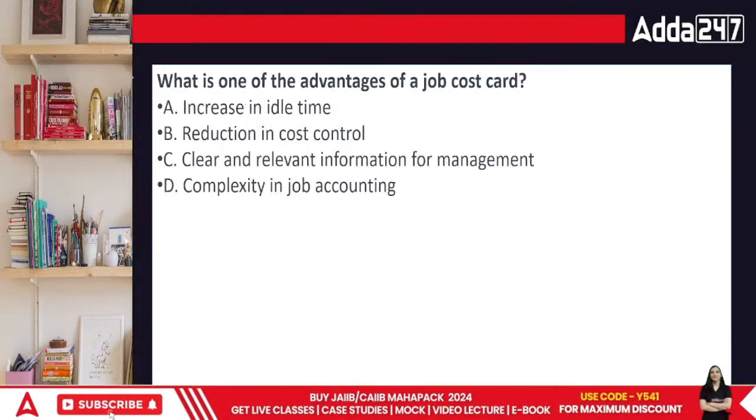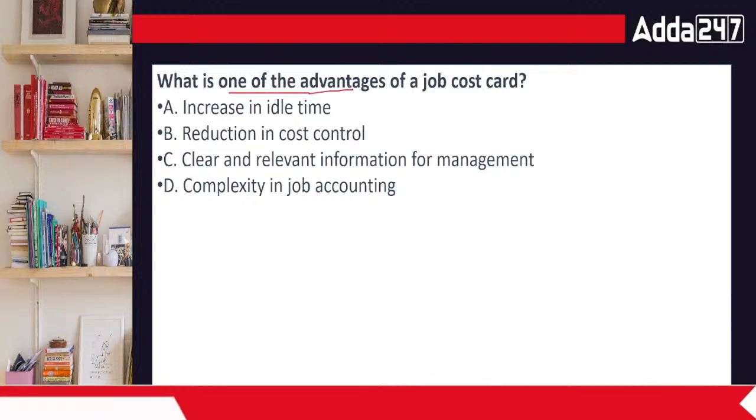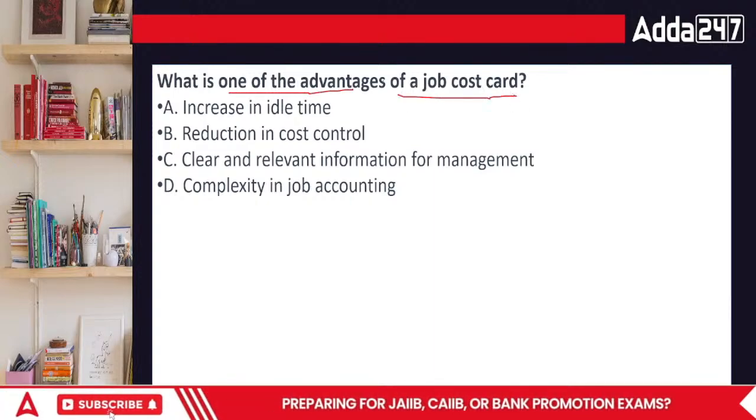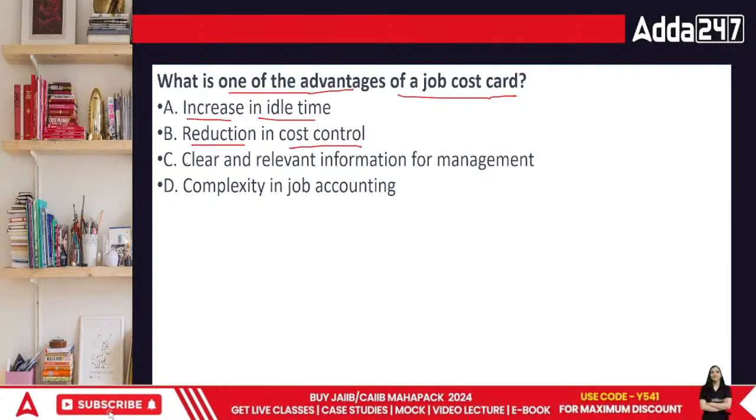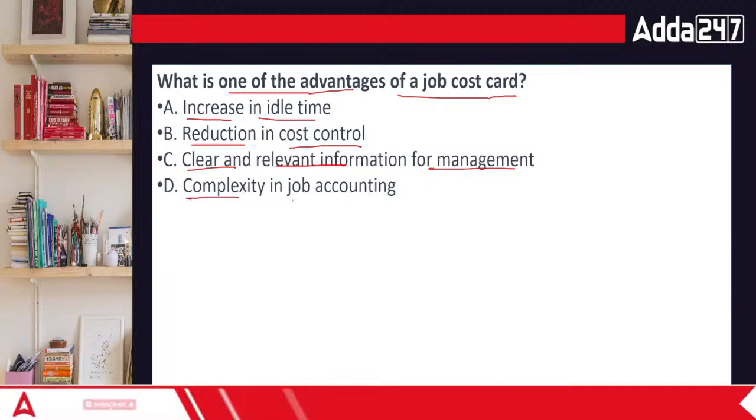Which is one of the advantages of your job cost card? Increase in idle time, reduction in the cost control, clear and relevant information for management, or complexity in job cost accounting.